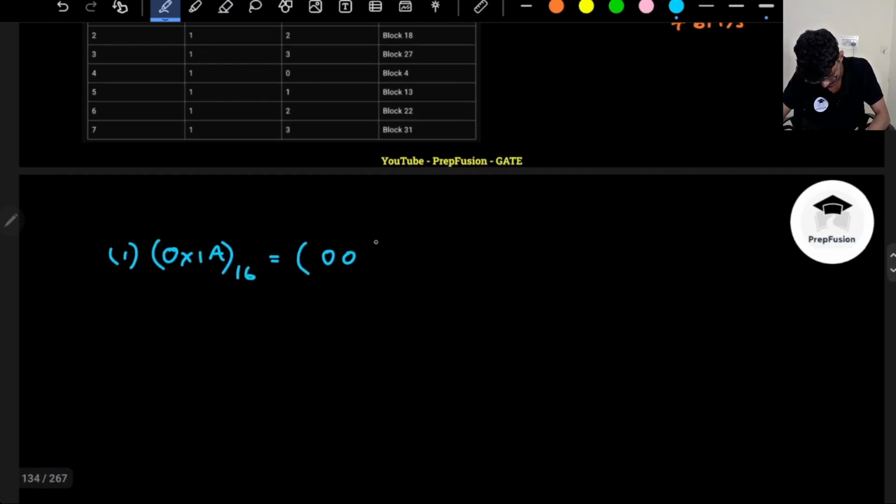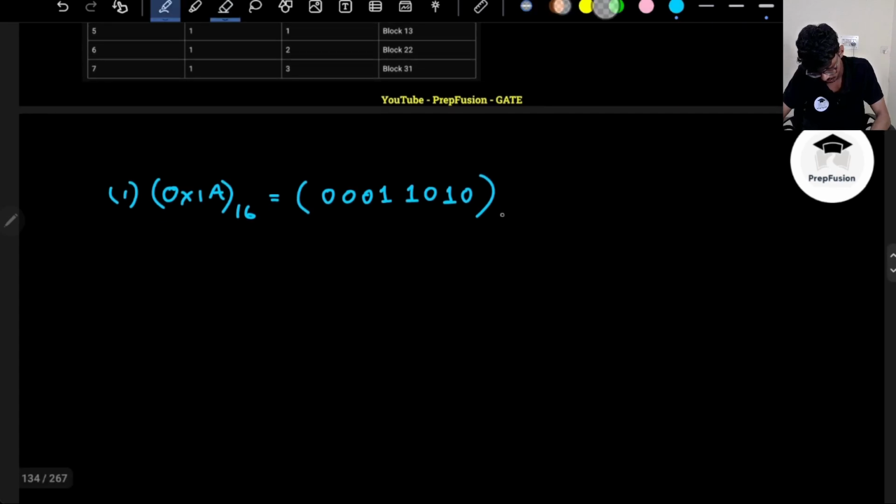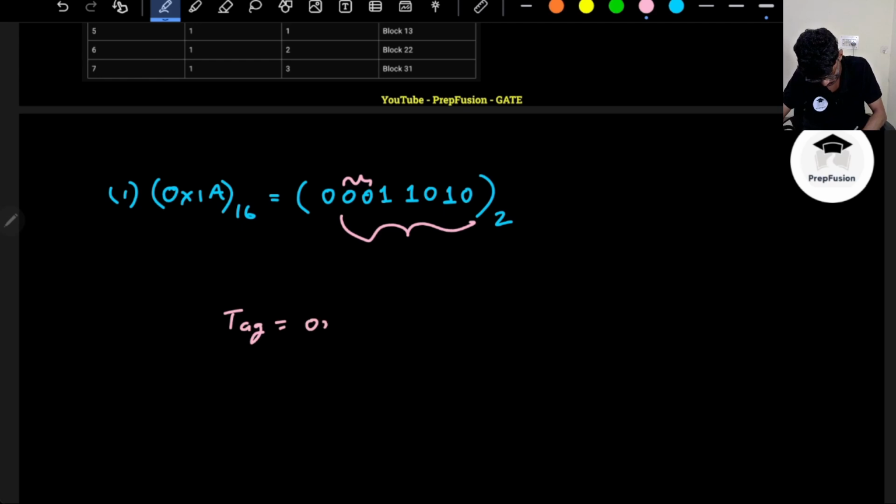This is currently 8 bit data, 00011010. So this is my main memory address. Out of this, the first 2 bits will be the tag, so my tag is 00 in binary, that is 0.